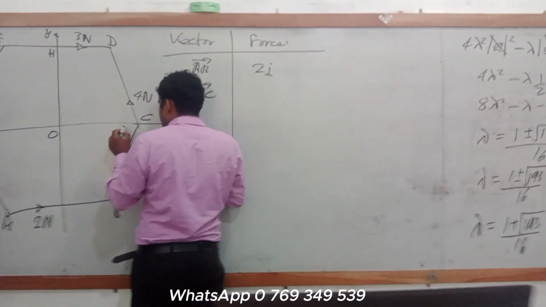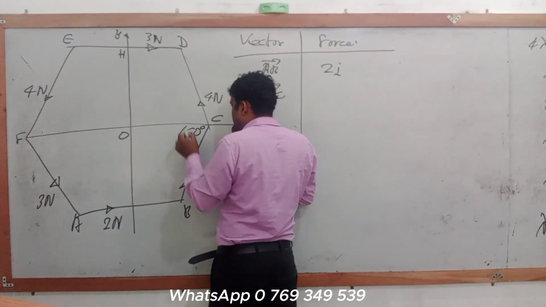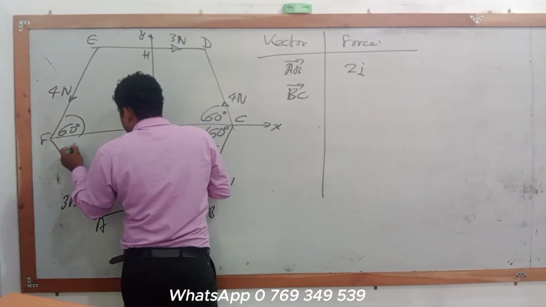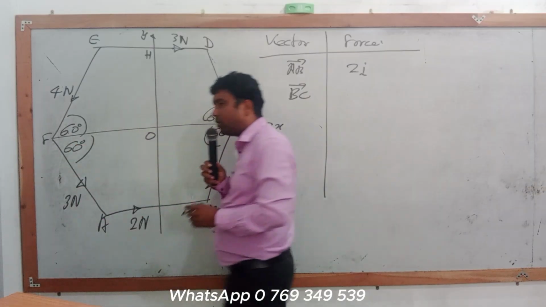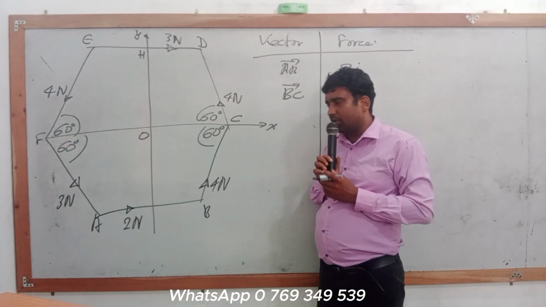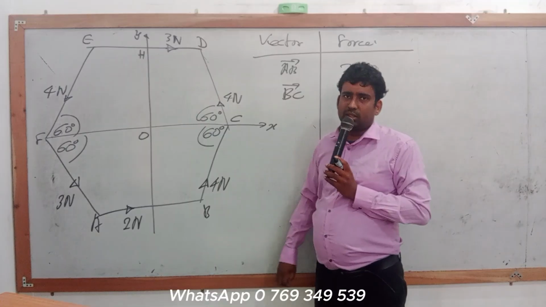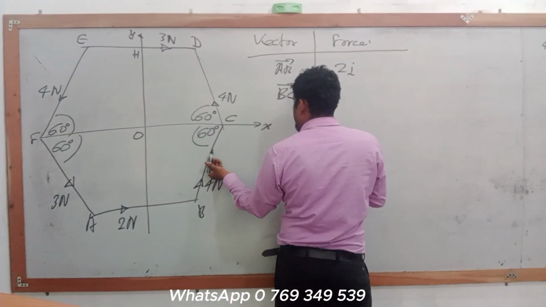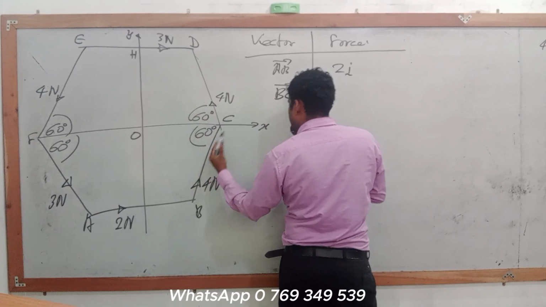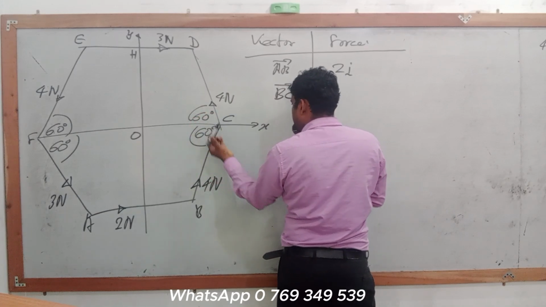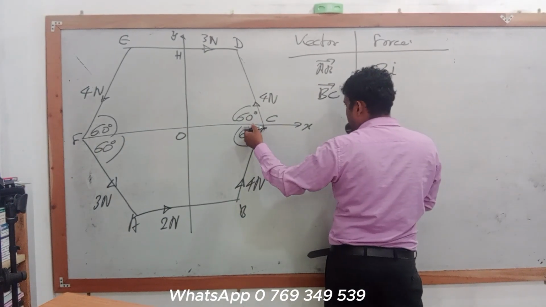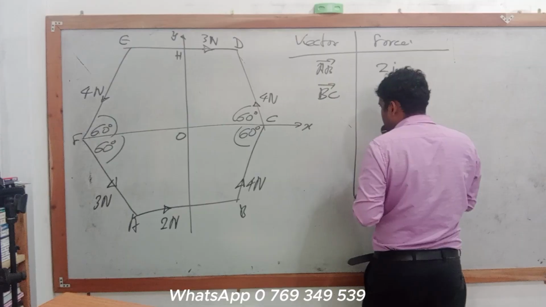This is 60, and this one also 60, and here also 60, and this one also 60. All angles are 60. Then we have 4 newton this side, 4 newton cos 60. Cos 60 is half.